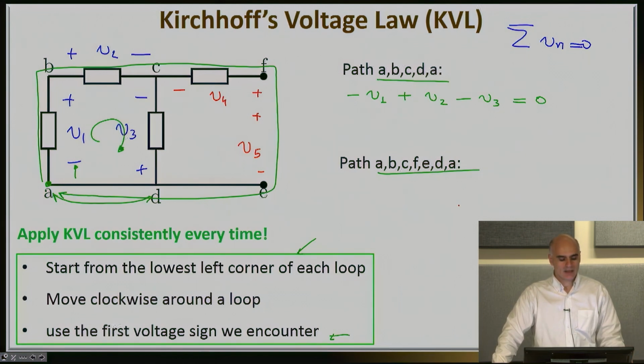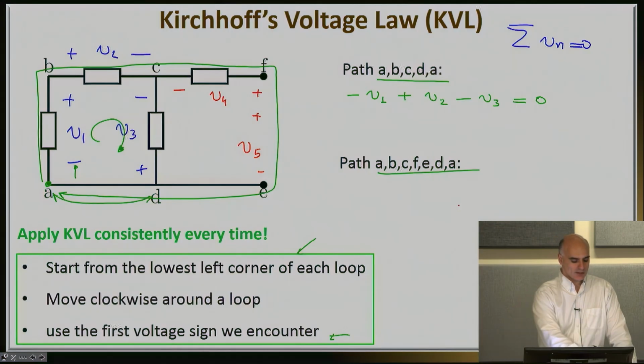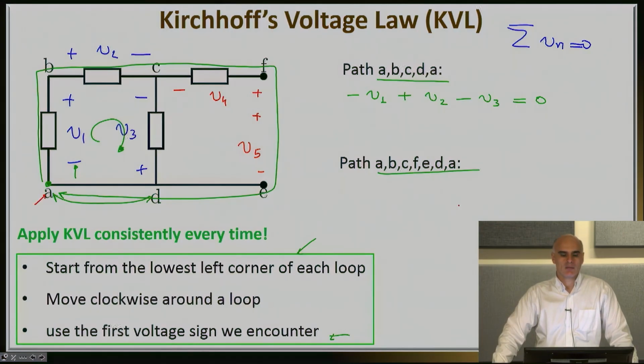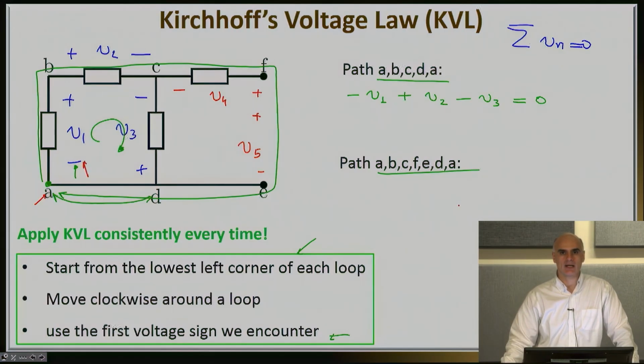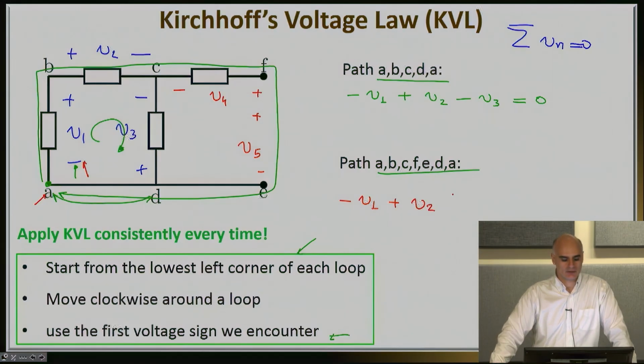So again, I'm starting from my lowest left corner. This is corner A. I'm moving clockwise, so once again, I'm going to go from branch AB. The first sign I see is negative, so I'm going to start this with a negative sign, so that will be negative V1. Then I see V2 with a plus sign, so this will be plus V2.